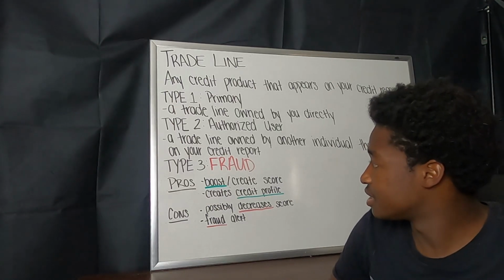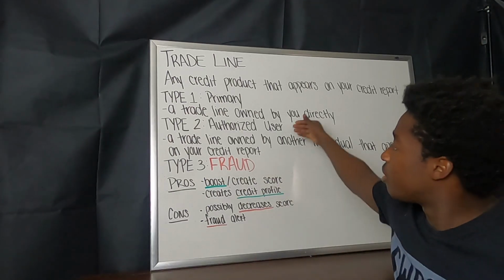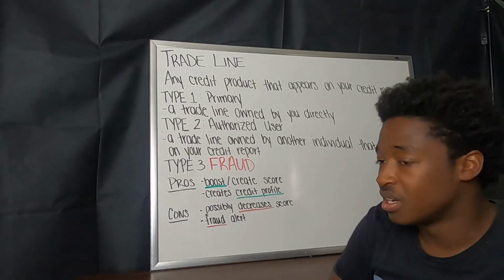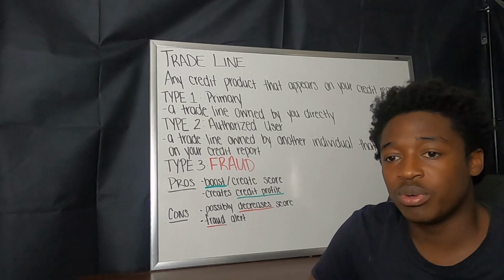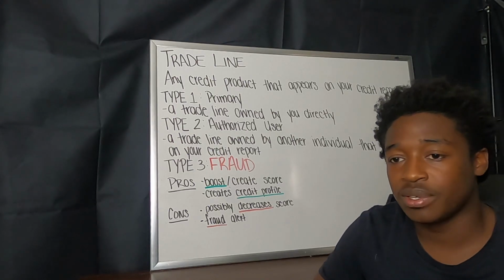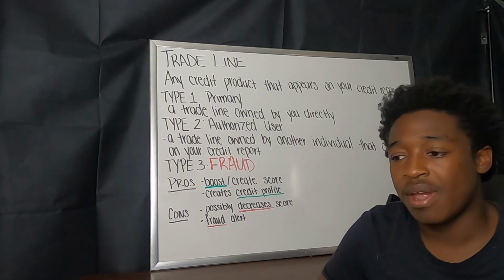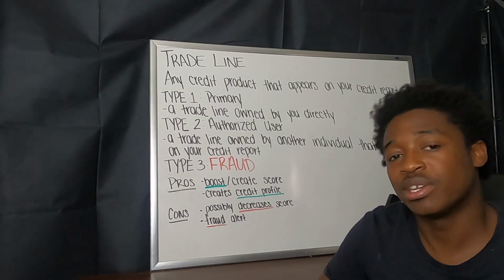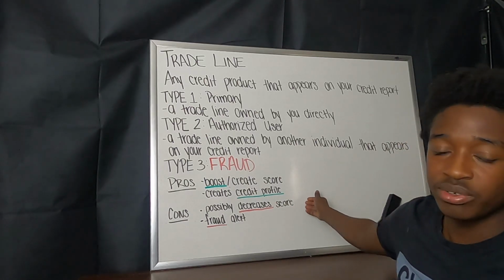The cons, and this mainly comes in when you're thinking about authorized user trade lines, is that they can possibly decrease your score, and that's in two ways. When they're pulled off of your report, depending on what you got that trade line for, and most likely that was the point in you paying for the trade line, you're going to see a score decrease.